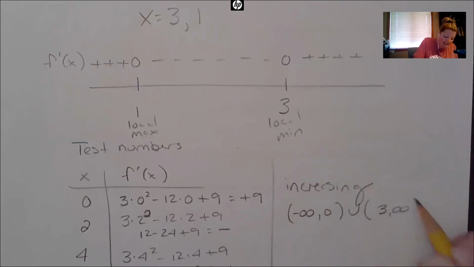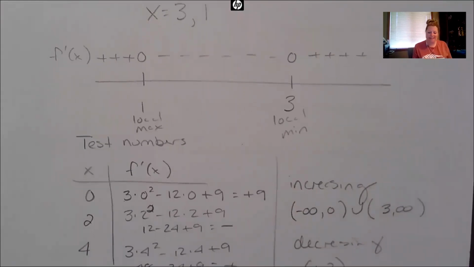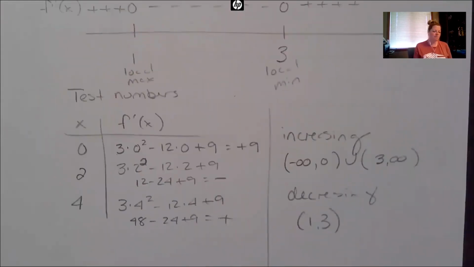And where were we decreasing? From 1 to 3. And we don't include those endpoints because at those specific spots, the slope of the tangent line equals 0, at the actual 1 and 3.